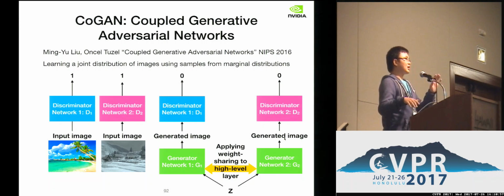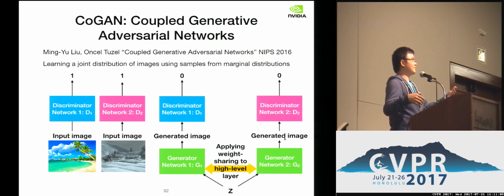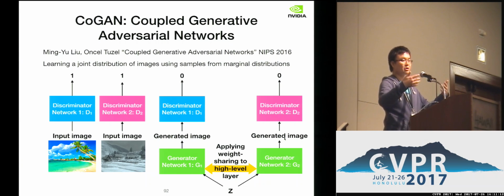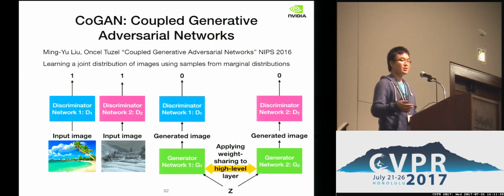Then to describe the color and depth images, it should come from the same high-level concepts, and eventually in the low-level parts, it will be implemented as a color image or depth image. Just the low level can be different; the high level is the same. So we found that by implementing this idea through weight sharing constraints, even though in the training set you don't have paired data, eventually you will be able to generate pairs of corresponding images.